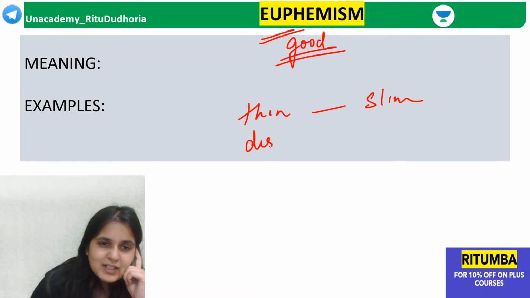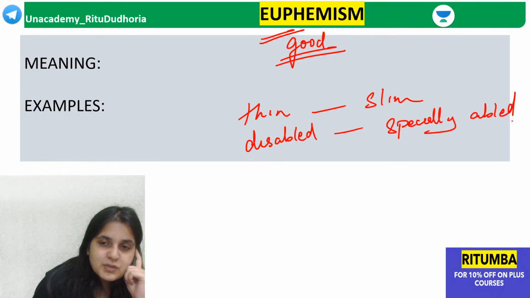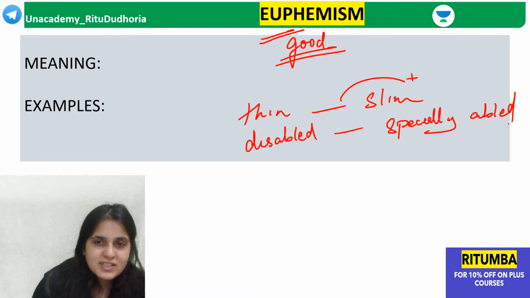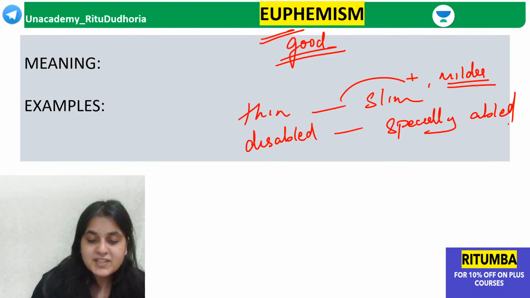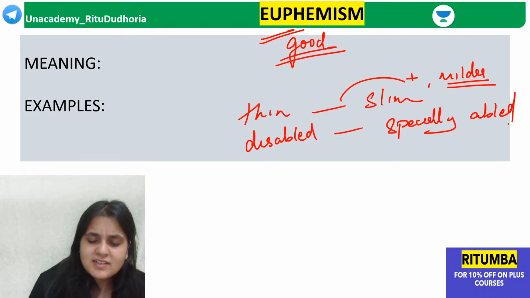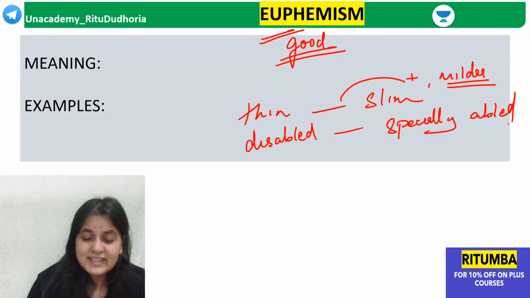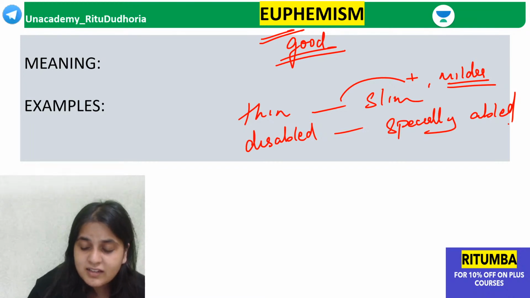Instead of calling someone disabled, you call someone specially abled. That is basically euphemism. Euphemism is basically a more positive way, a milder way, a less harsher way of saying something. Yes, got it, don't worry, I will send across this PDF, so we will do the revision, but I just want to complete this, so it doesn't make sense for it to come later. Yes, correct Shubham, you're slim, not thin, done, so you're being euphemistic.